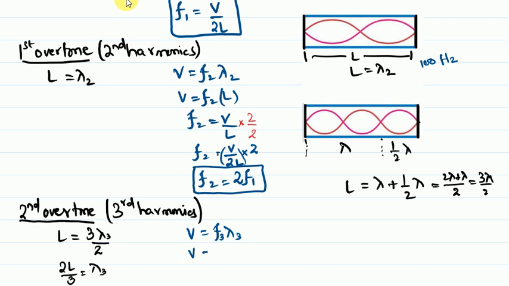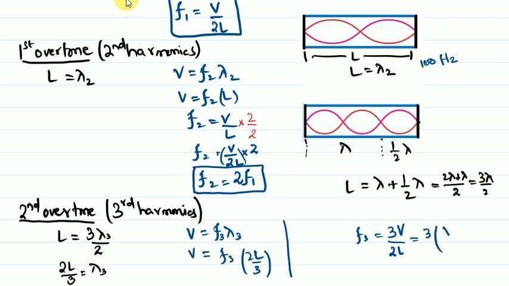So V should remain the same, since the medium in which the wave is vibrating is the same. Let us put lambda 3, which is 2L upon 3. That would be 3V upon 2L is equal to F3. 3 is multiplied on the left hand side, and the remaining part is written in the denominator.